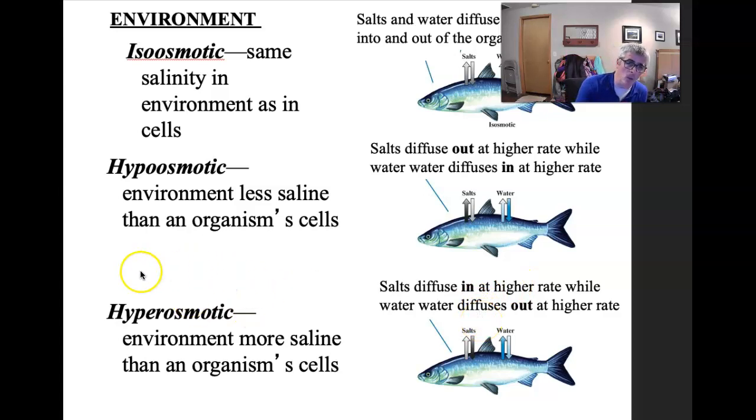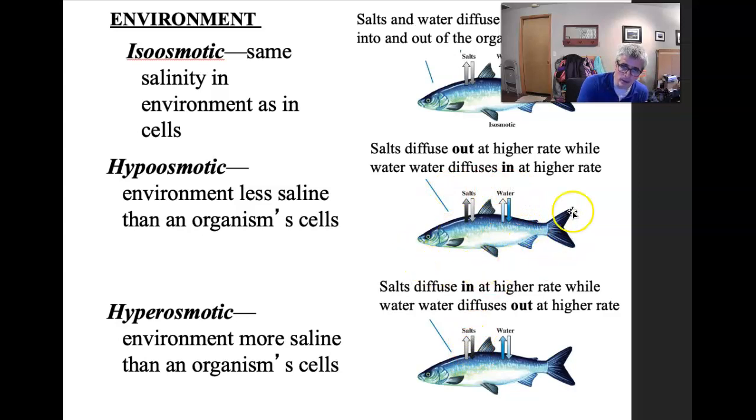So if an organism is in a hyperosmotic environment, then salts diffuse in and water goes out. Shrivels up and dies. In this instance, water's leaving, salts are coming in.